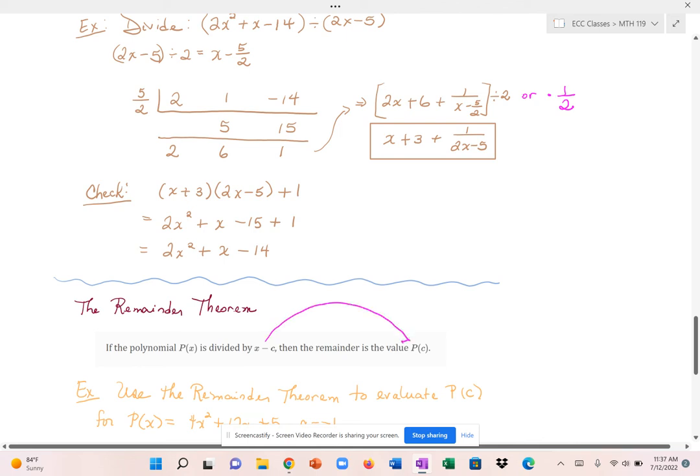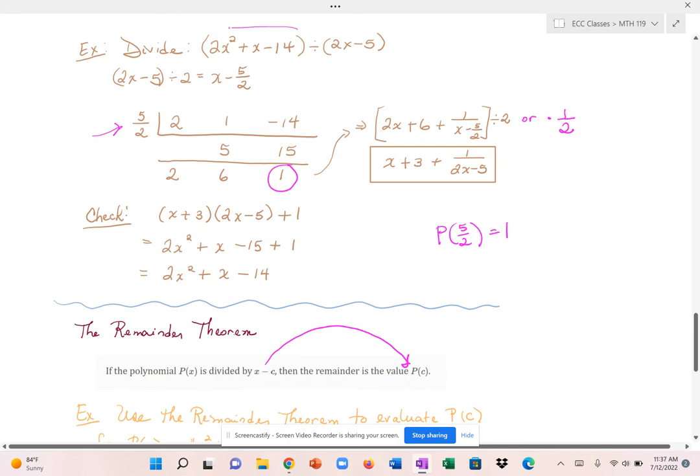Again, this would be the opposite sign. So let me go back here. I got a remainder of 1, and my c was 5 halves, because it was x minus 5 halves. So p of 5 halves equals 1, which means that if I were to plug in 5 halves in here, I would get 1 as an answer.